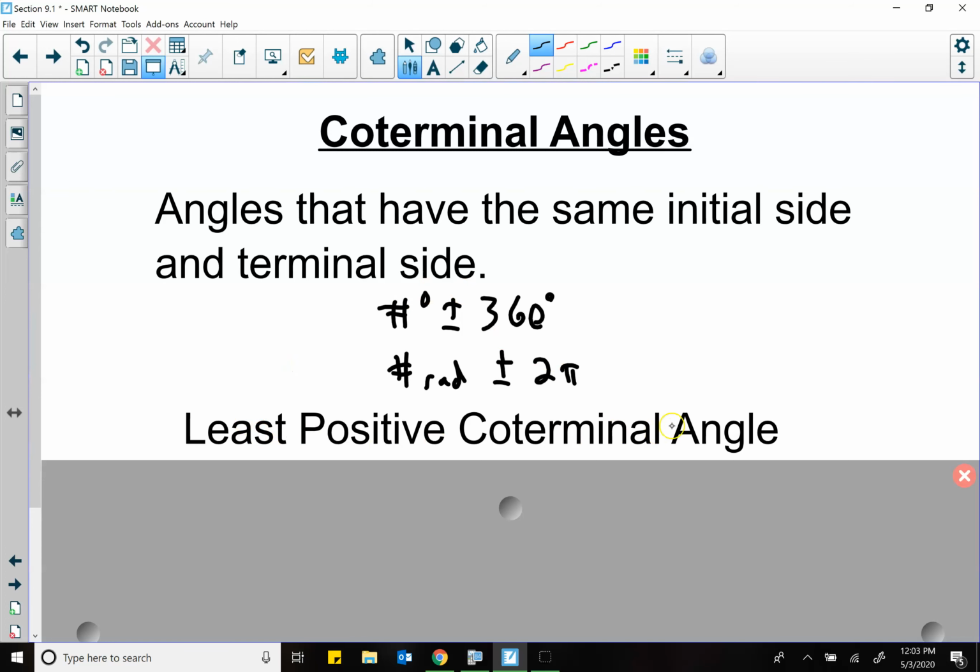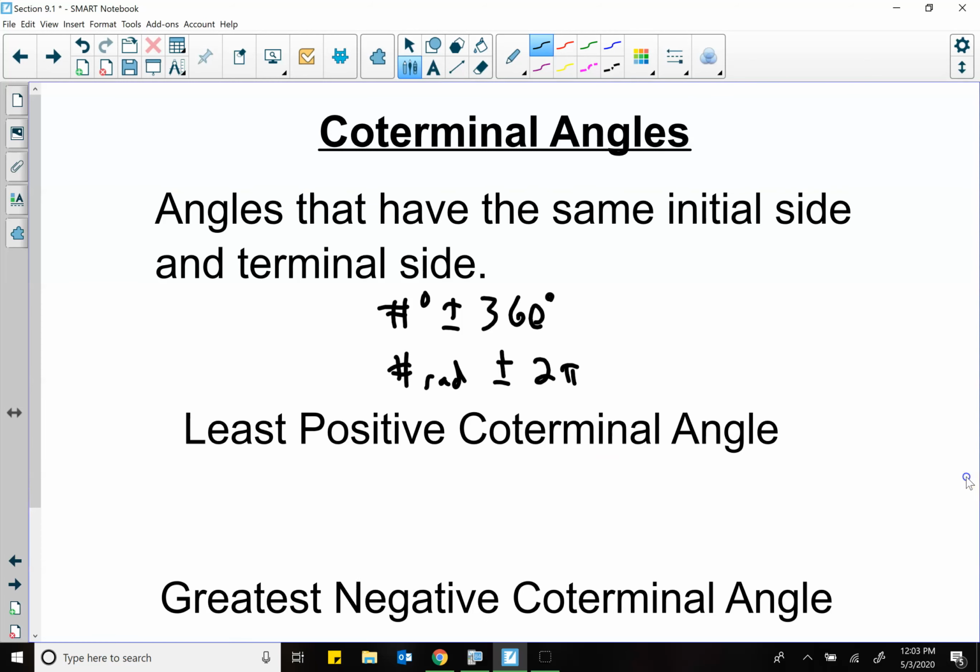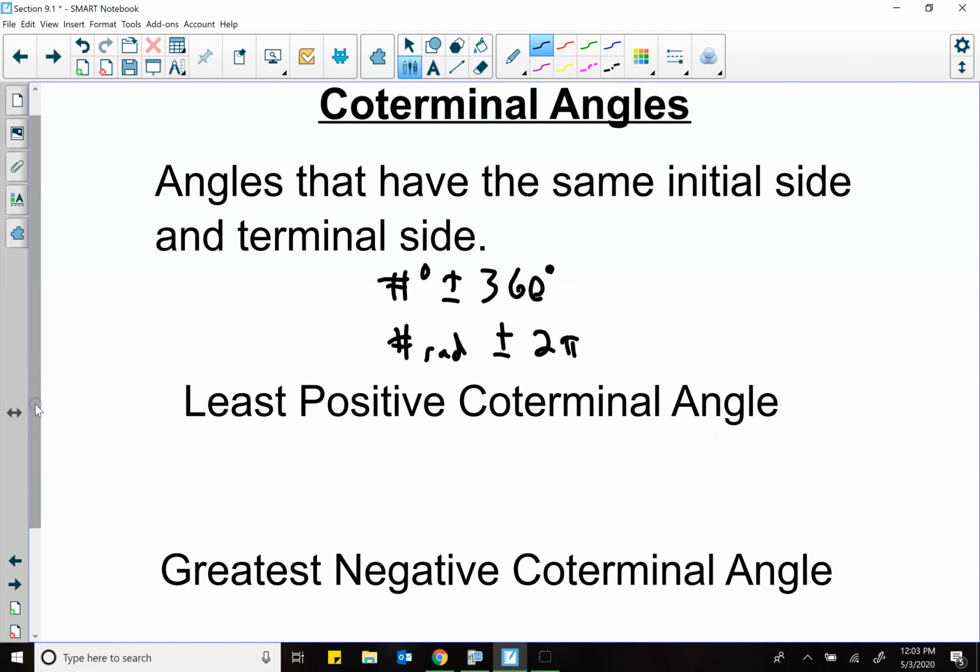Now, we do have two specific kinds of coterminal angles. They are called the least positive coterminal angle and the greatest negative coterminal angle. So what we mean by those is, depending on your angle, to be least positive, you need to be between 0 degrees and 360 degrees.